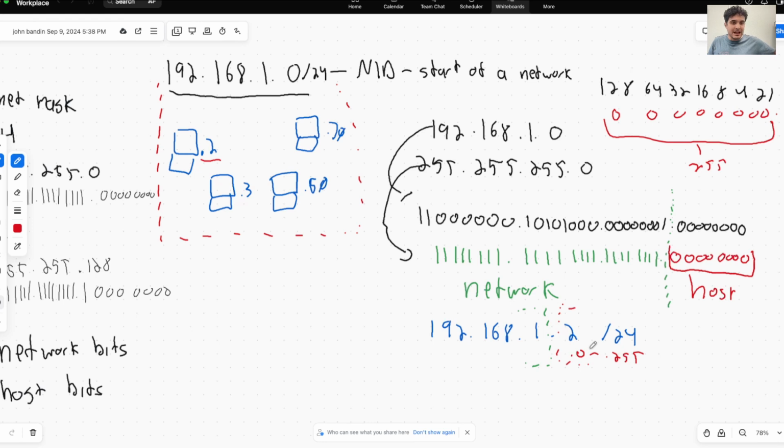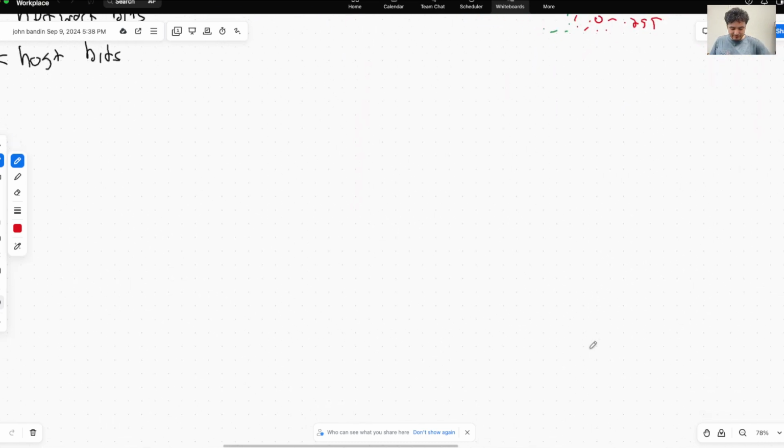Now, if I were to make this a /27, how would that work? So let's come down here. Let's say I have 192.168.1.0/27. And let's say I have some computers.